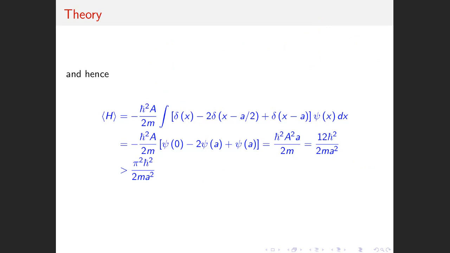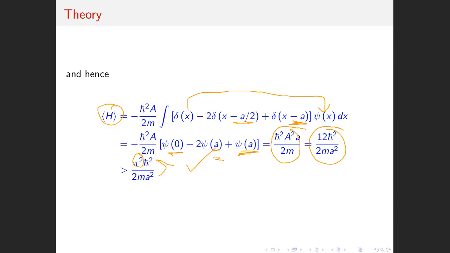So that one contributes psi 0, and this one only contributes psi a. Once you compute everything, you get 12 over pi, 3 point something, so this is like 9, so the thing that you get is indeed bigger.